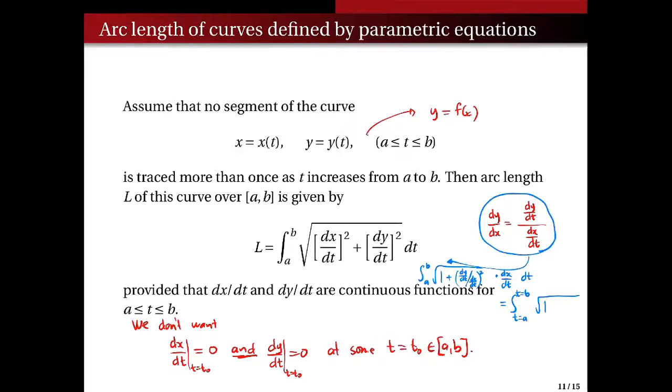Square root of 1 plus dy over dx quantity squared, and then you have your dx only in here. Why? Because if you notice, this dt will cancel this dt. So you'll be left with dx.